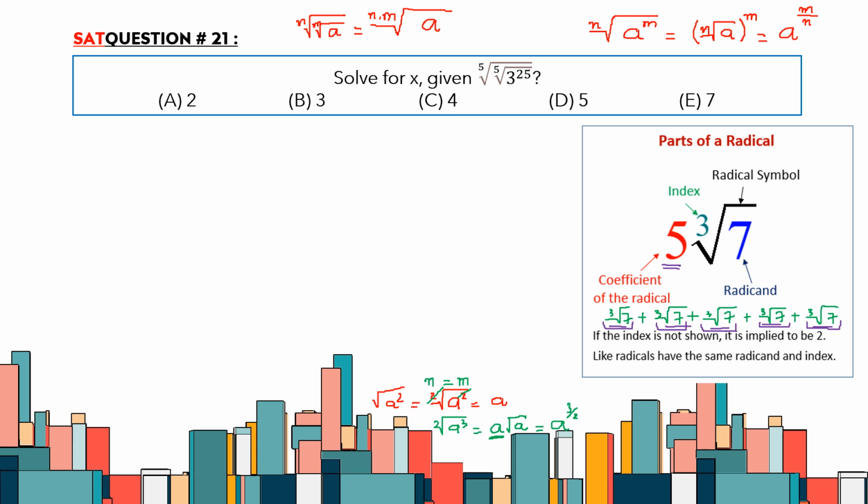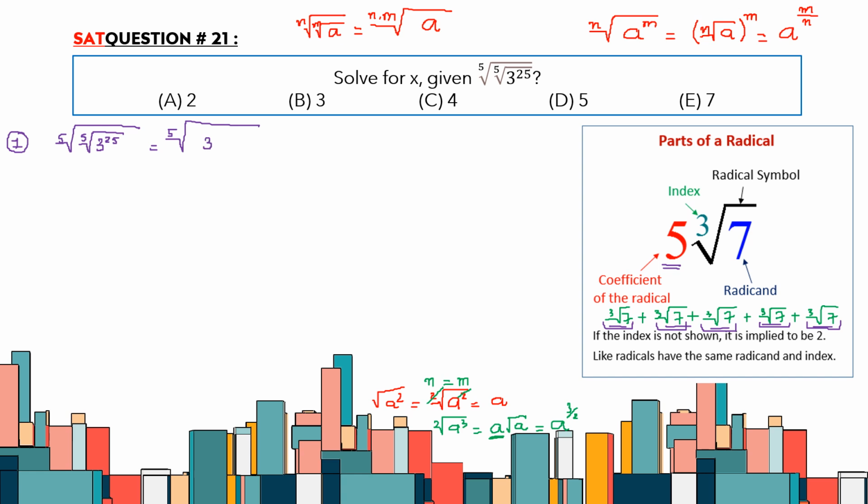Okay, because we have so many ways to solve these questions, let's do the first one. We work inside out. We have fifth root of 3 to the power of 25. That will be fifth root of the inside.